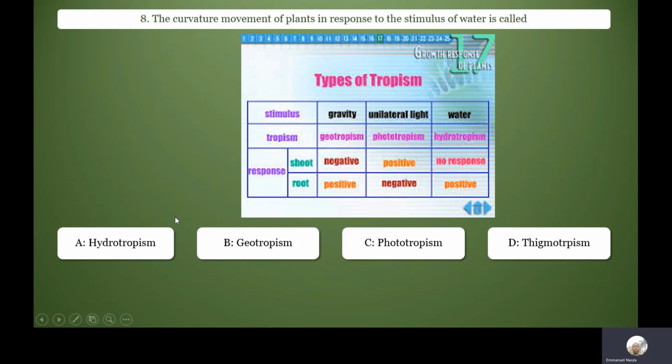So if the part of the plant is moving towards water, that's hydrotropism. The roots of plants are positively hydrotropic. That's they move towards water.